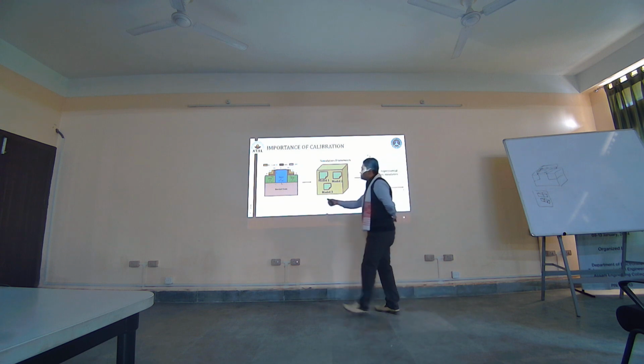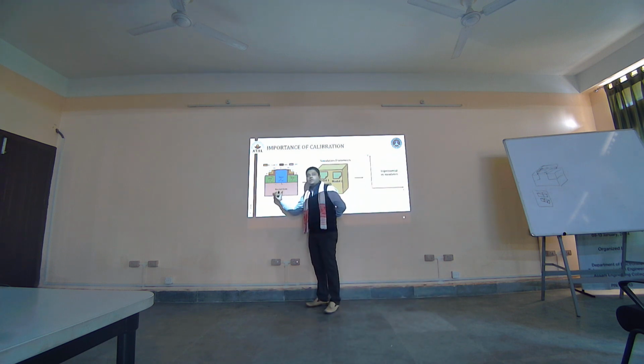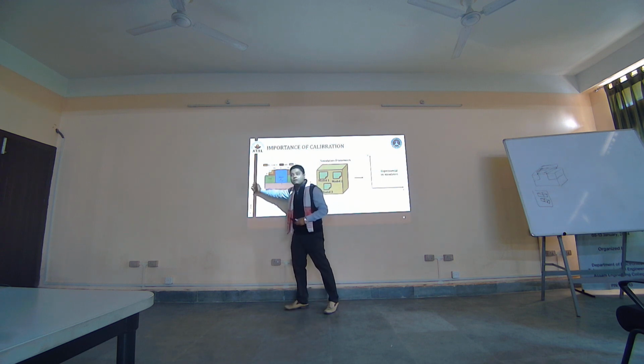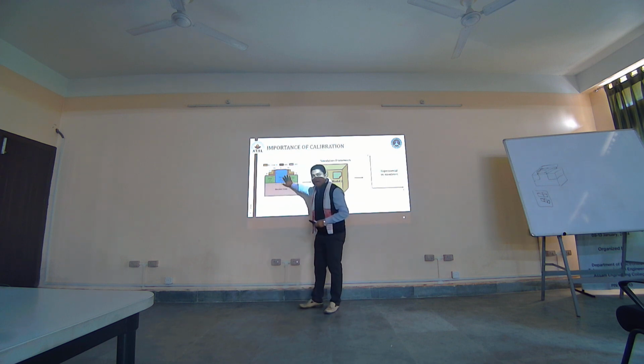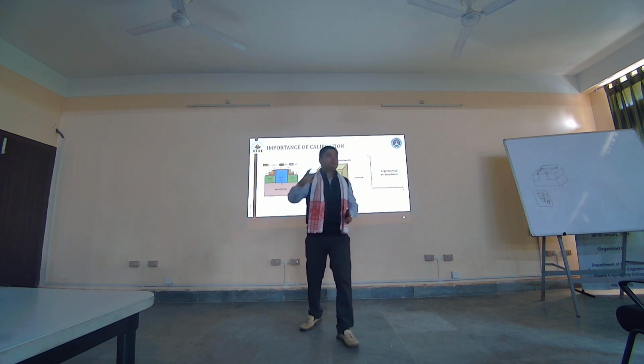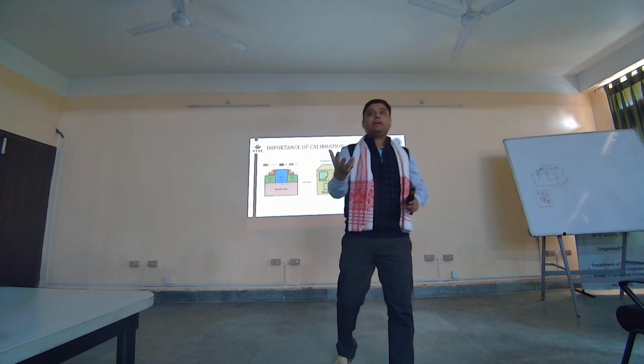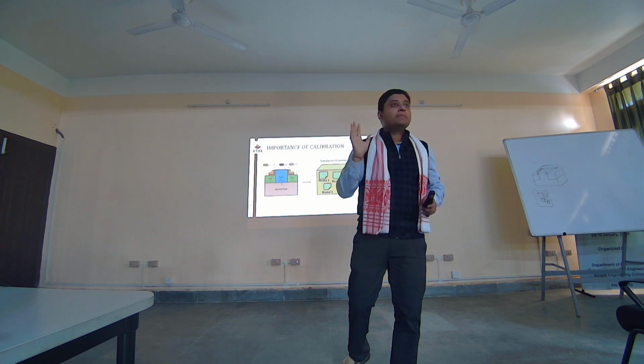But in order to see which device I am going to calibrate my setup with, because this is not fabricated yet, you cannot calibrate your setup with this device because you are going to check this device. So you will have to calibrate with something which is already available. Now, if this design is very, very new, then how are you going to decide which experimental device you have to select? Are you getting my point?